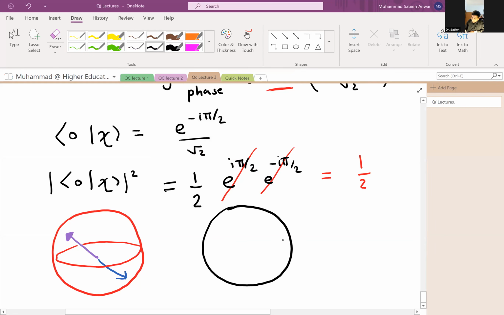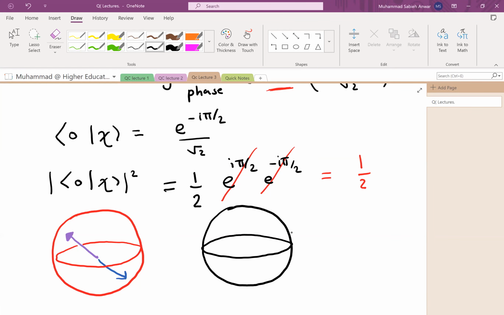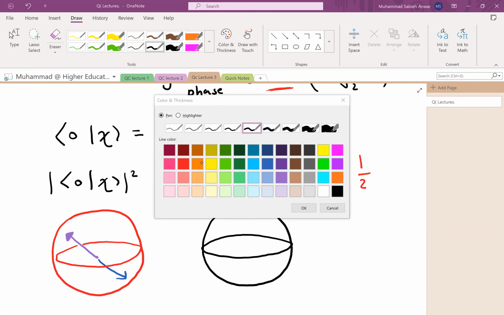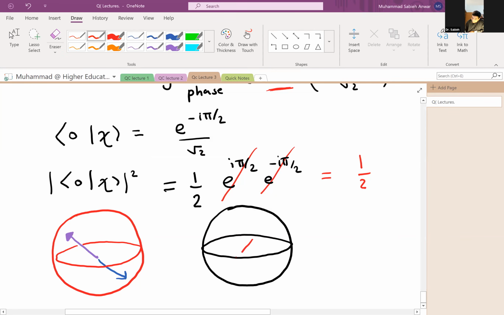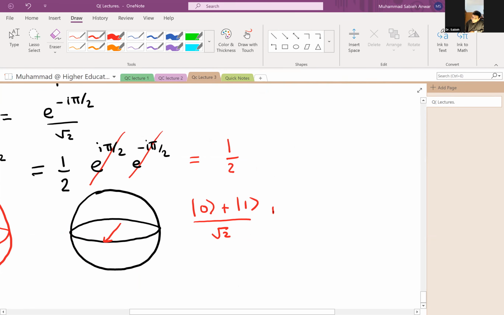Okay, so let me draw the Bloch sphere again. Suppose my input state is here. My input state is ket 0 plus ket 1 over root 2. When the NOT gate acts on this state, what is my output?